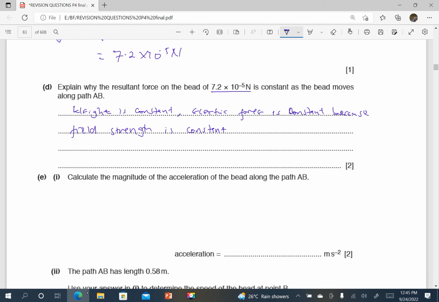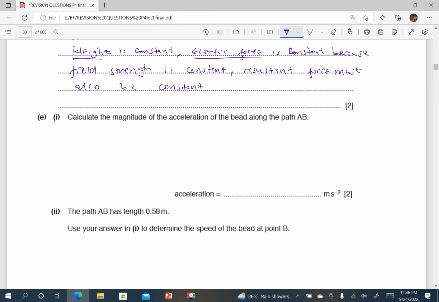So if the two forces, the weight and the electric force, are constant, it means the resultant force must also be constant.